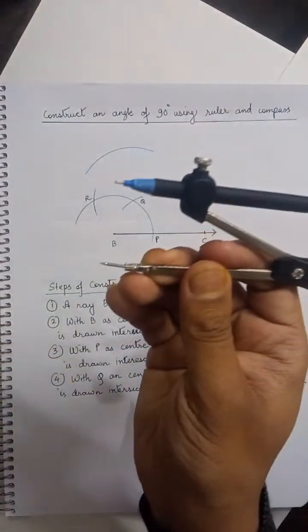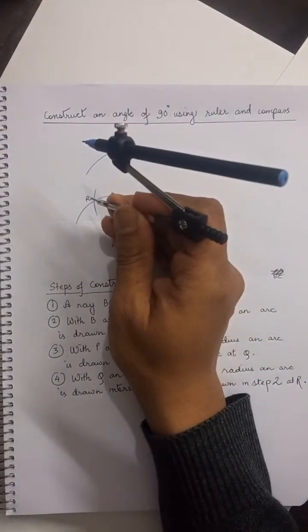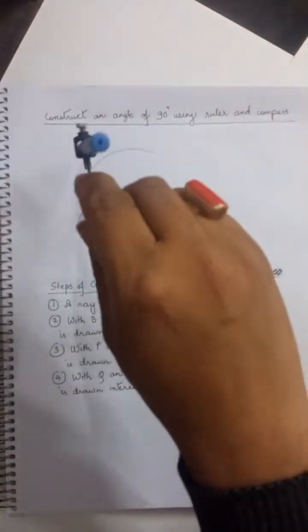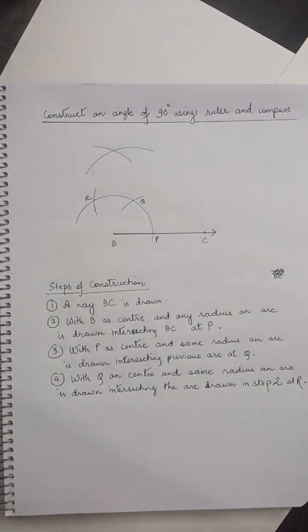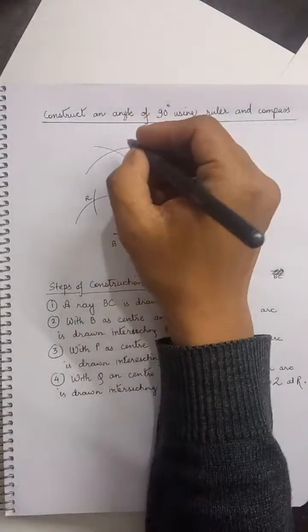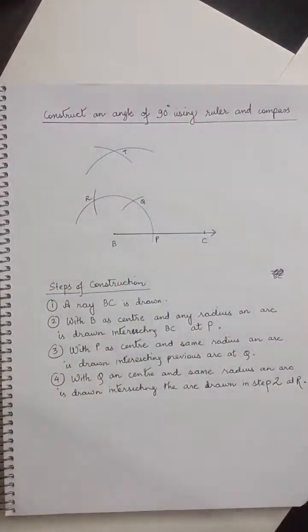Then without changing, we will place the compass tip at R and draw another arc. Let me name the intersecting point T.